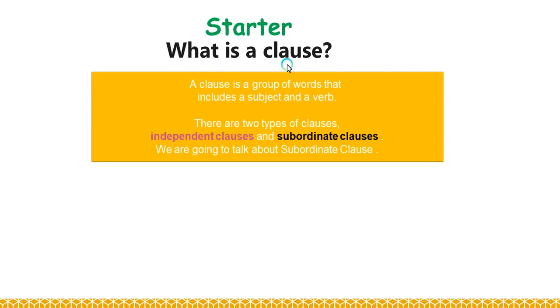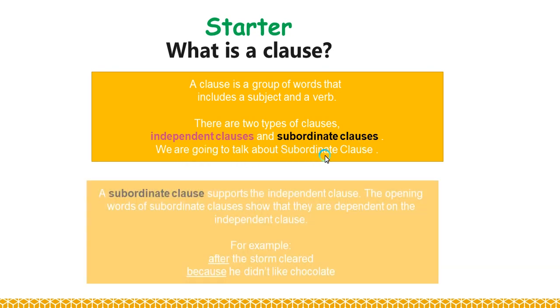What is a clause? This is just for your information. A clause is a group of words that includes a subject and a verb. There are two types of clauses, independent clauses and subordinate clauses. We are going to talk about subordinate clauses.